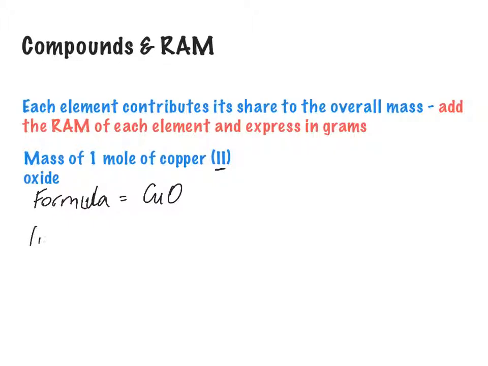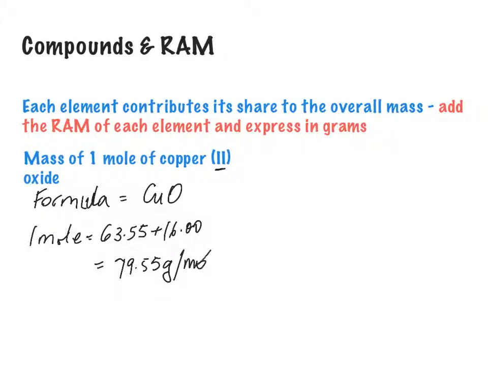Therefore 1 mole is going to be equal to copper, which on my periodic table says 63.55, and I've only got one of them, so we leave it as one. I've got one oxygen, which is 16. If I add those together, I end up with 79.55 grams per mole.